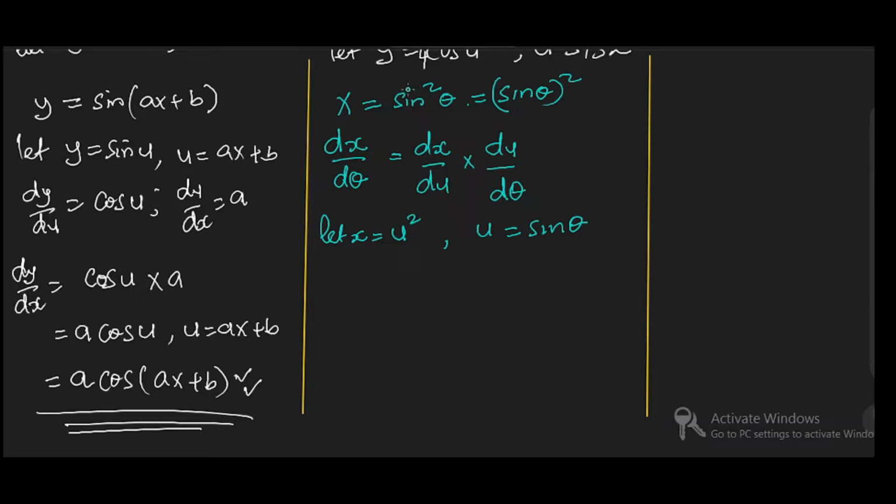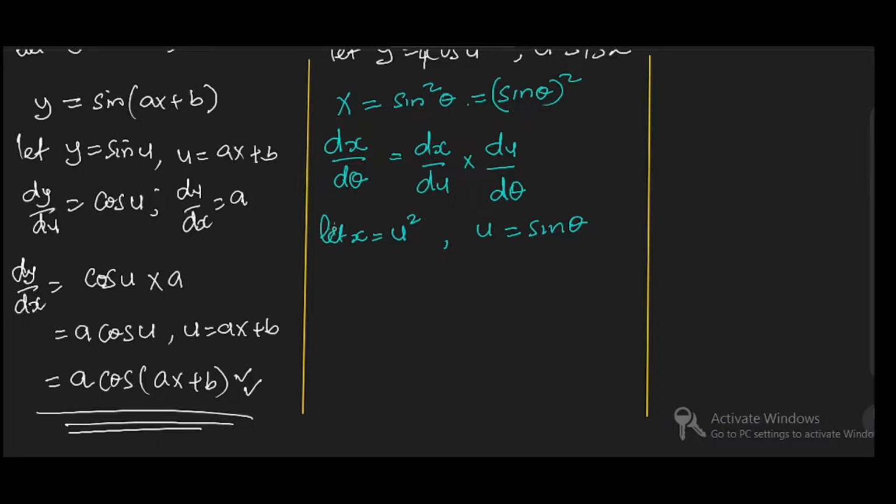I repeat, we said x is equal to sine squared theta, but in a simpler form, sine theta squared is the same thing. So you simplify it in that form.